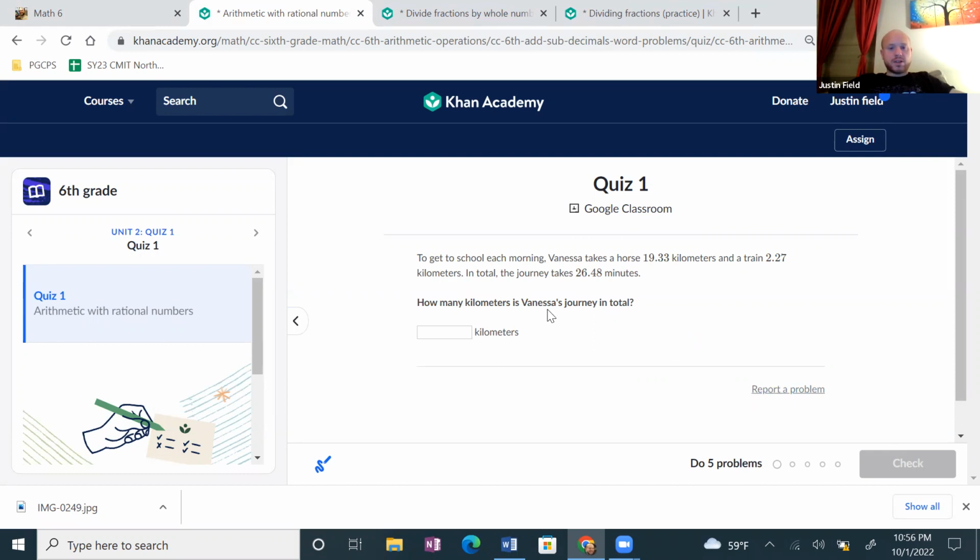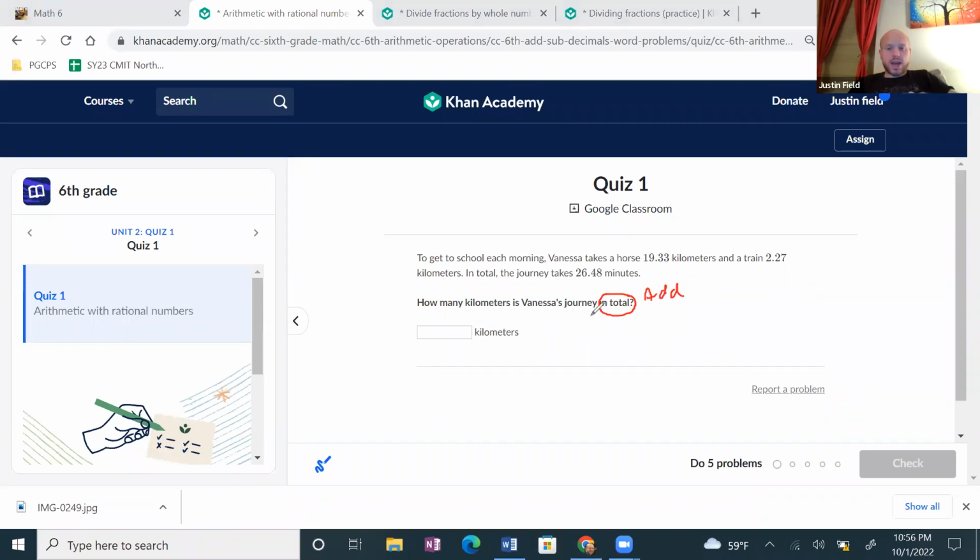Okay, how many kilometers in total? So I should have read it all, but what I wanted to do was kind of guess at the operation, and I think I know it. Do you know what the operation is? What is the key word here? Hopefully you're saying total, and what does that mean? That means add.